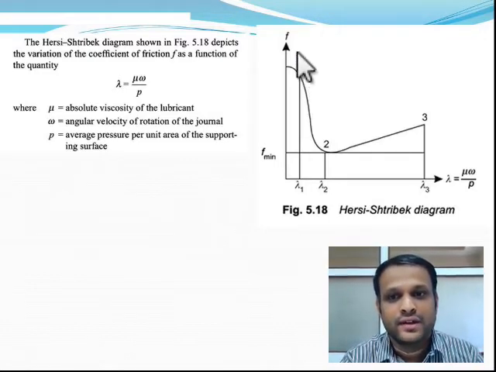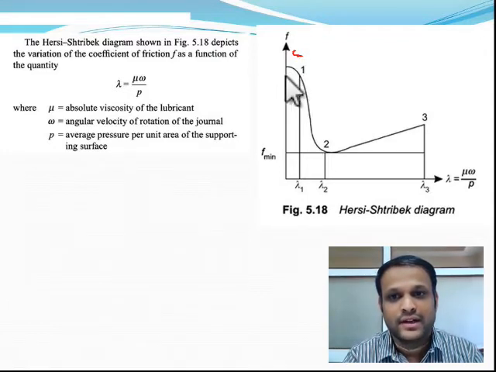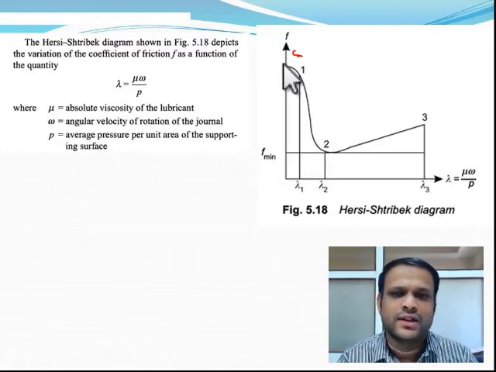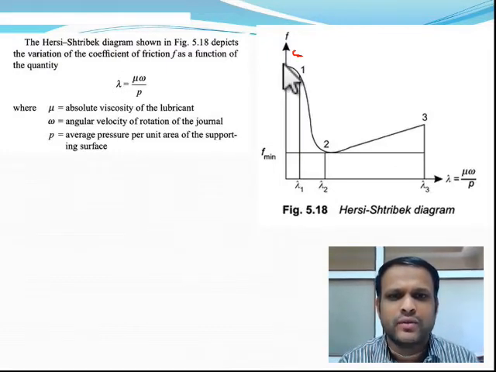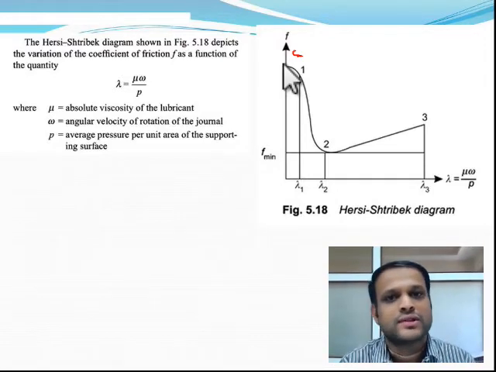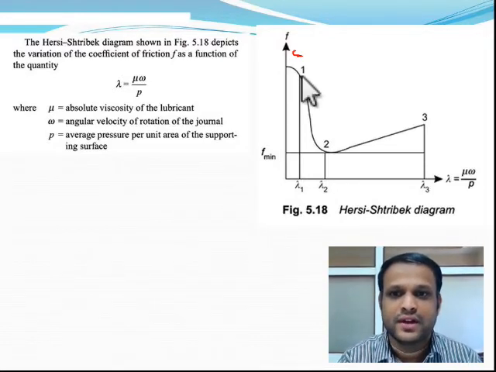So if the Hersey diagram points before 1, then that lubrication is boundary lubrication, in which there is almost no liquid, only liquid present in the molecular form, and therefore there is no separation between the two surfaces.